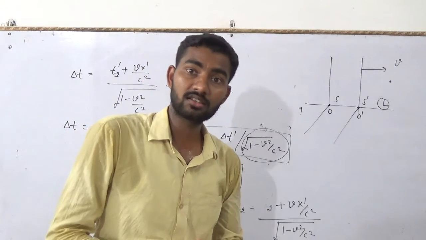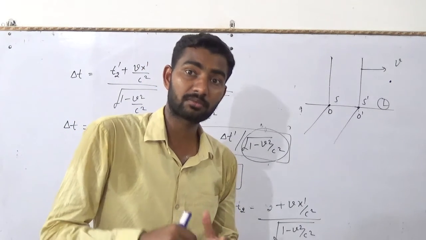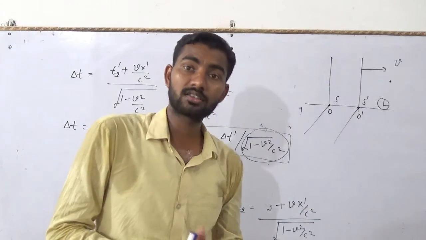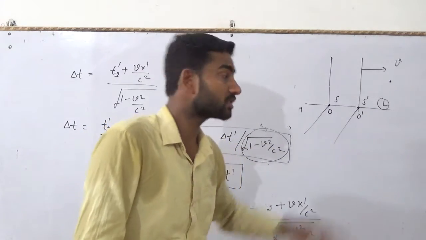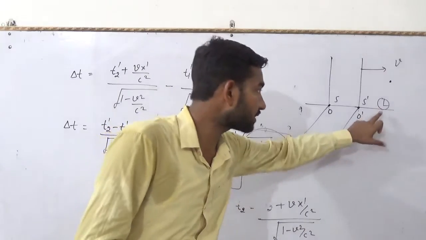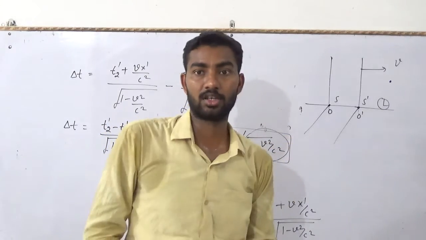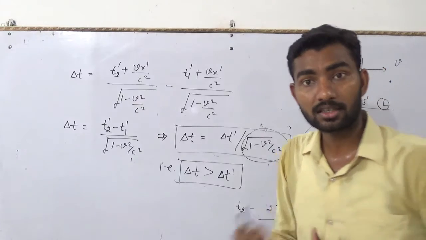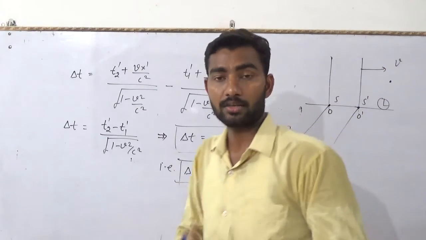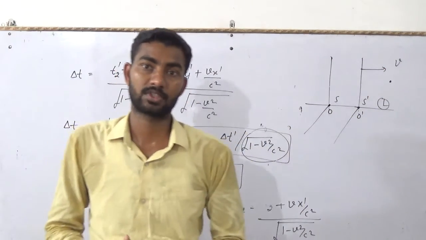It appears slow. The measurement of the clock is slow in this frame of reference because this frame of reference was moving. So we can say that the moving clock tells us a small time, or slow time.